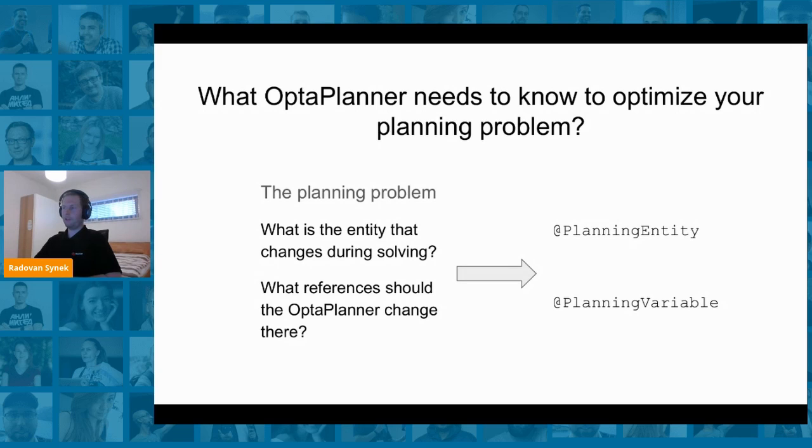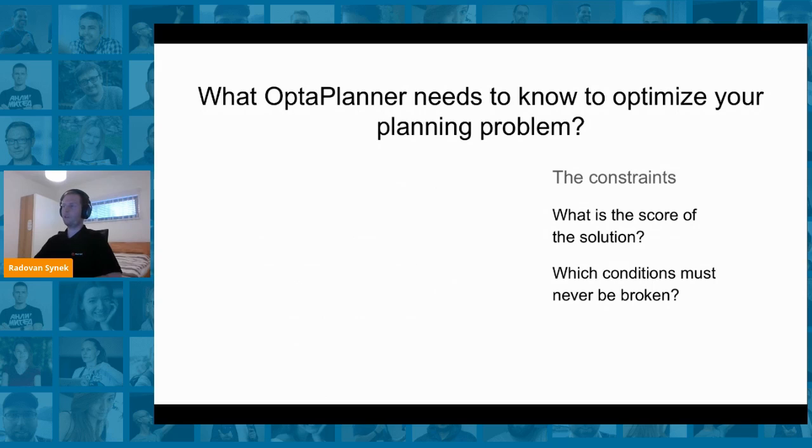These are the planning variables, because this is really what OptaPlanner does. It changes values of the planning variables. It puts their different instances to these references. And each time such a change creates a new working solution. And for the new working solution, we have to be able to tell how good the solution is, which leads us to the constraints.